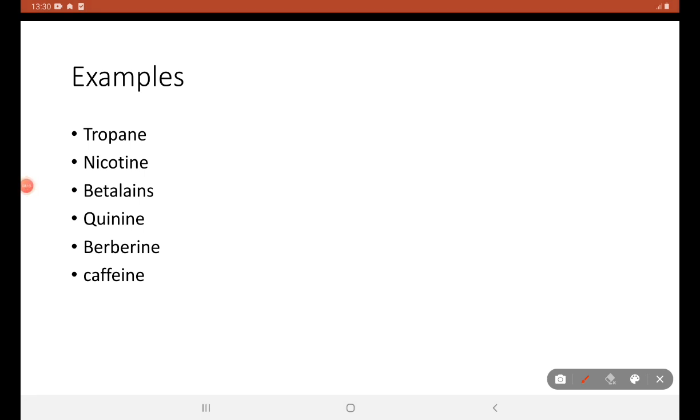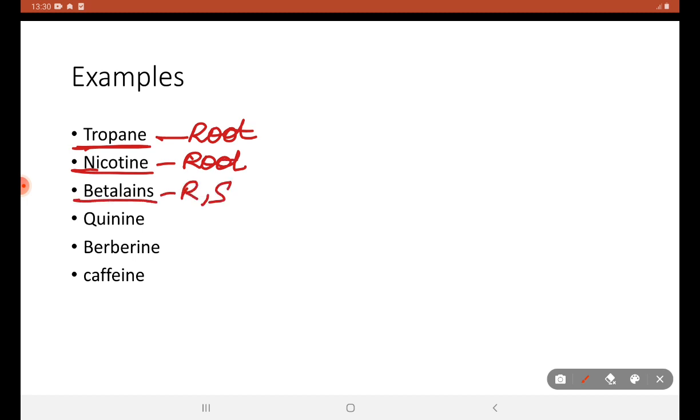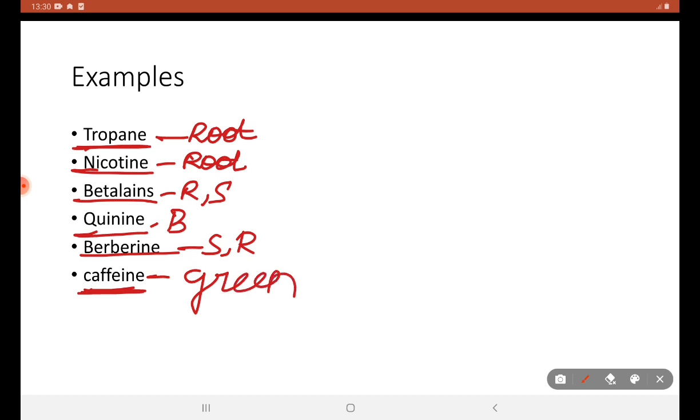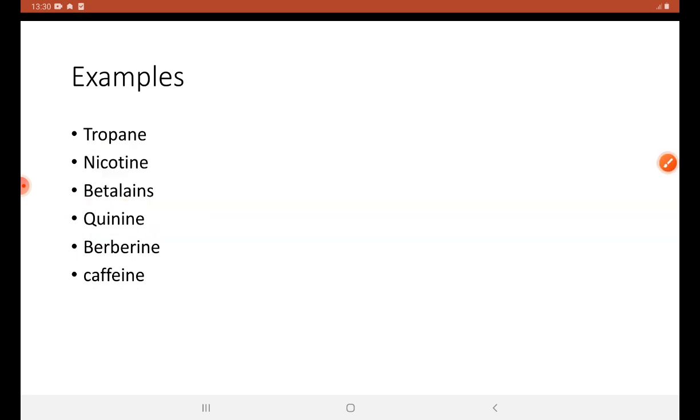Examples: atropine, root part; nicotine, root part; berberine, root and shoot part; quinine, bark part; caffeine, greenish part. Quinine is unique to bark.